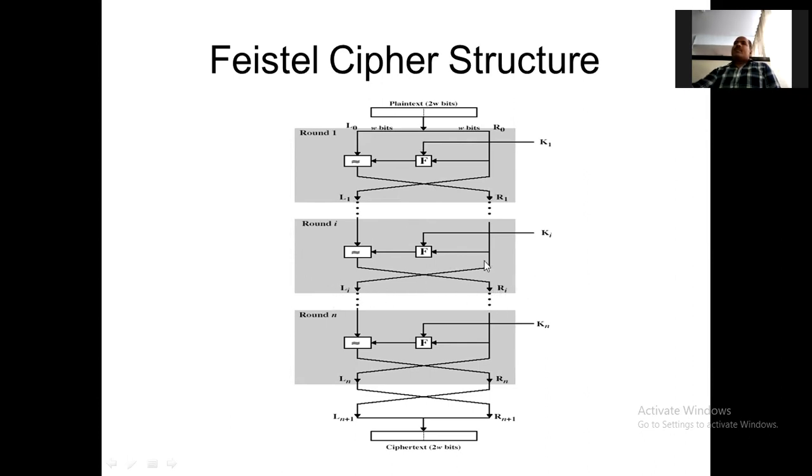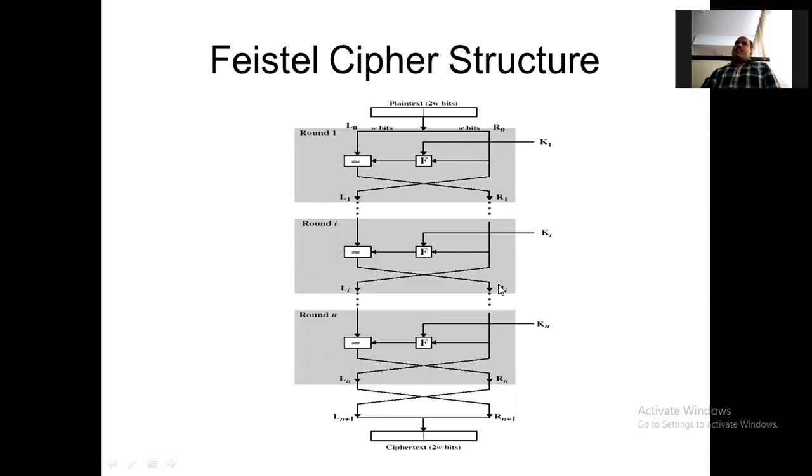We consider Li and Ri because you can increase the number of rounds. Whatever functionality is in round one, the same functionality is used in the second round, third round, and fourth round.